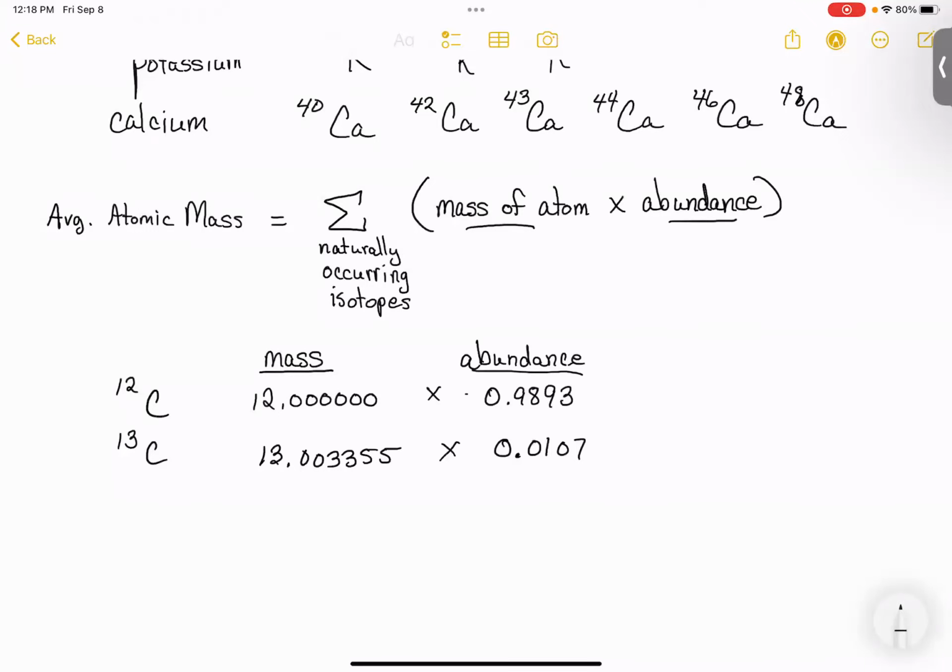And when you do the 12 times 0.9893, you find that carbon 12 contributes 11.871600 to the overall mass. You don't have to worry about the 00.